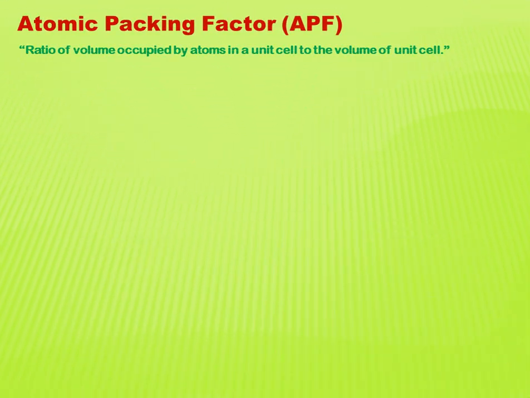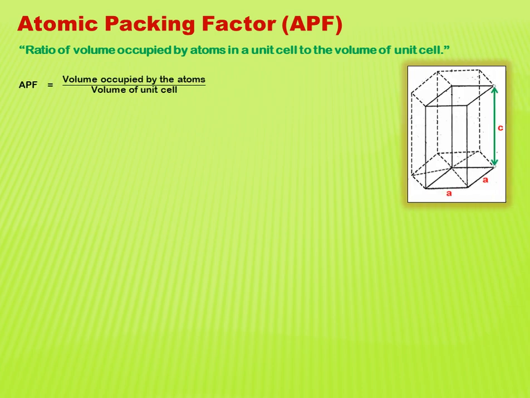Atomic packing factor. It is the ratio of volume occupied by atoms in unit cell to the volume of unit cell. It is written in mathematical form as this. Since volume of atoms can be calculated by number of atoms multiplied by volume of single atom, and the volume of unit cell can be calculated as area of a hexagon multiplied by height.